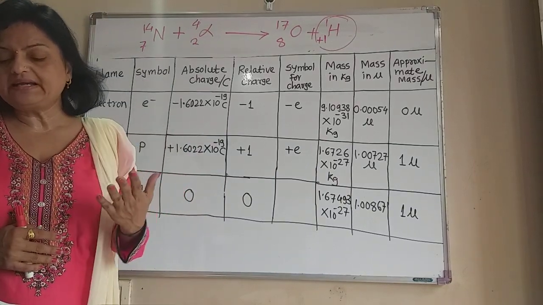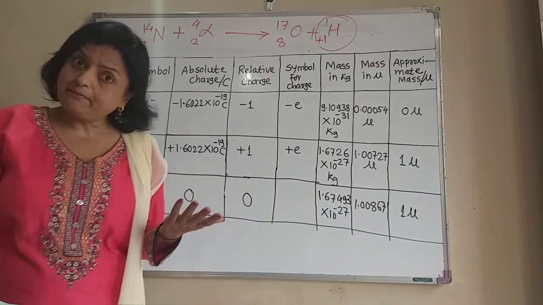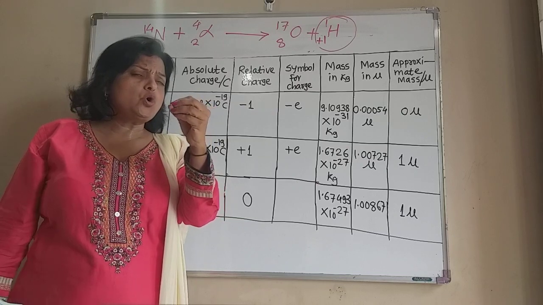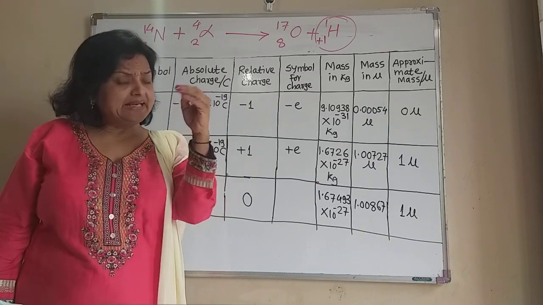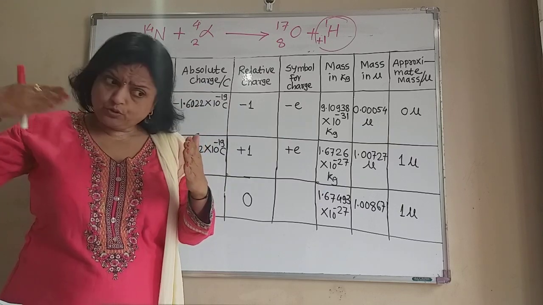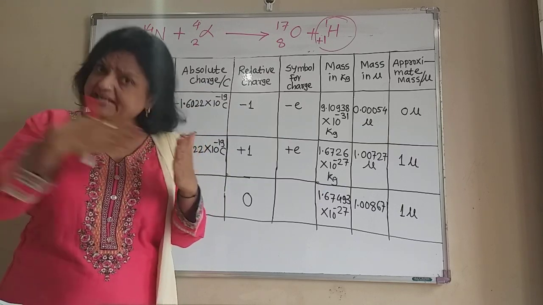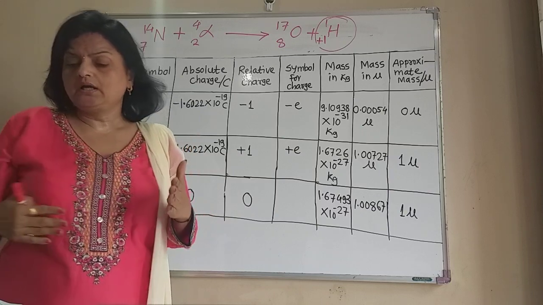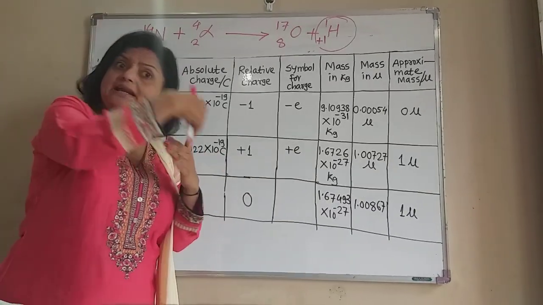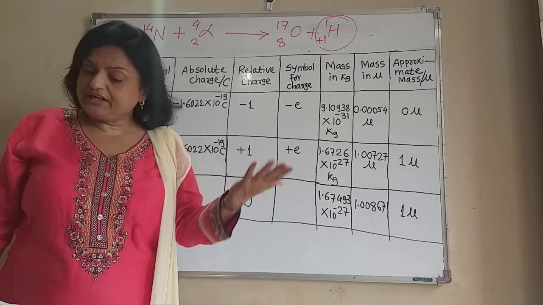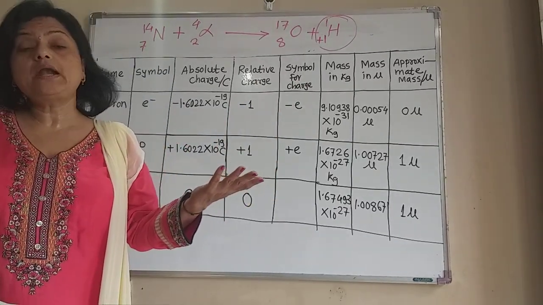When alpha particles are bombarded on beryllium metal, some unknown particles come out of the beryllium and penetrate through paraffin, and after penetration through the paraffin, the particles which come out are protons.